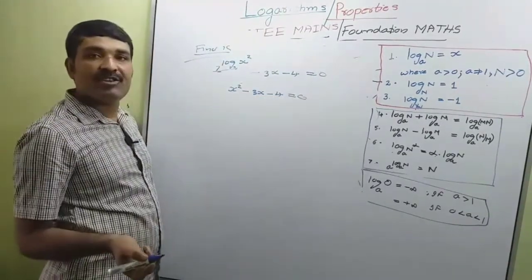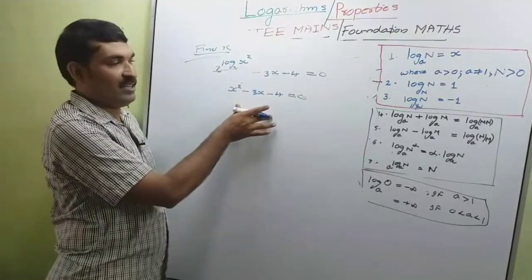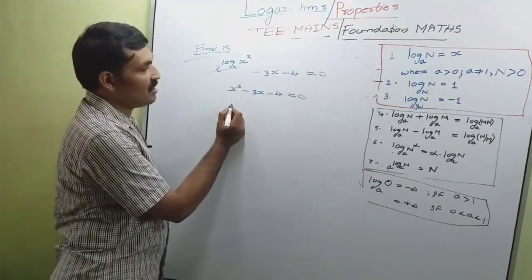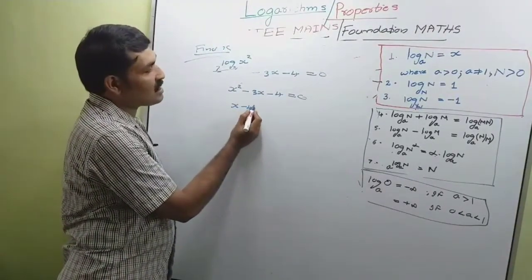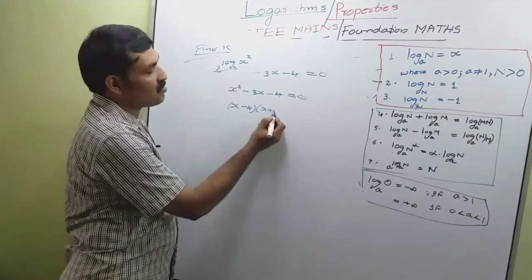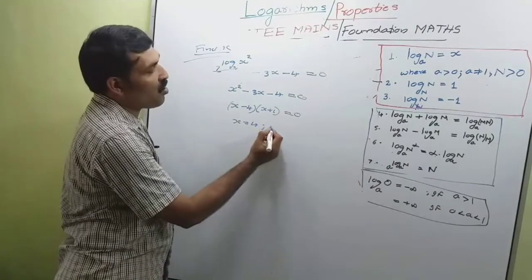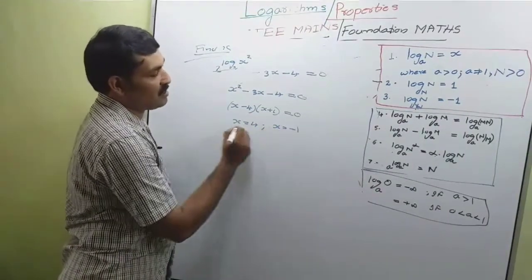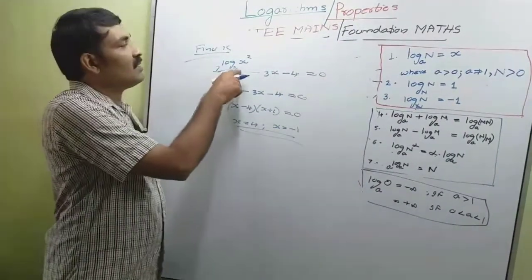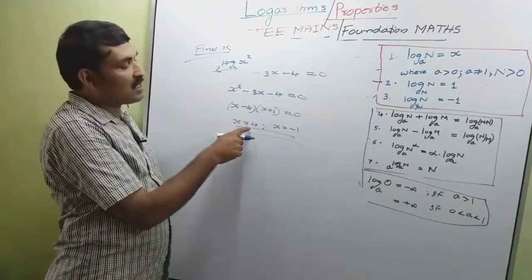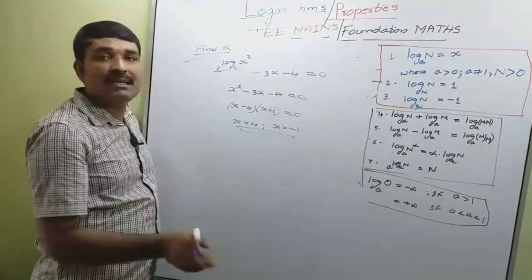This is a quadratic equation. We can solve this quadratic equation. So we can factorize this as x minus 4 into x plus 1 is equal to 0. So x is equal to 4 or x is equal to minus 1. Here it is x square, so both x is equal to 4 and x is equal to minus 1 are satisfied.